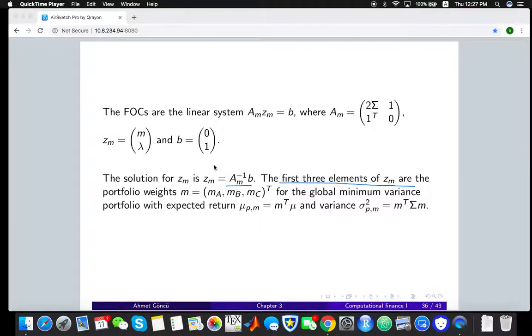If we write the solution as z, not x, then this can be written as A inverse times B, and the first three elements of z are the portfolio weights that we are looking for to obtain the global minimum variance portfolio. Once this minimum variance portfolio is obtained, you can get the portfolio's expected return for this optimal m, and you can also calculate the global minimum variance portfolio's variance.